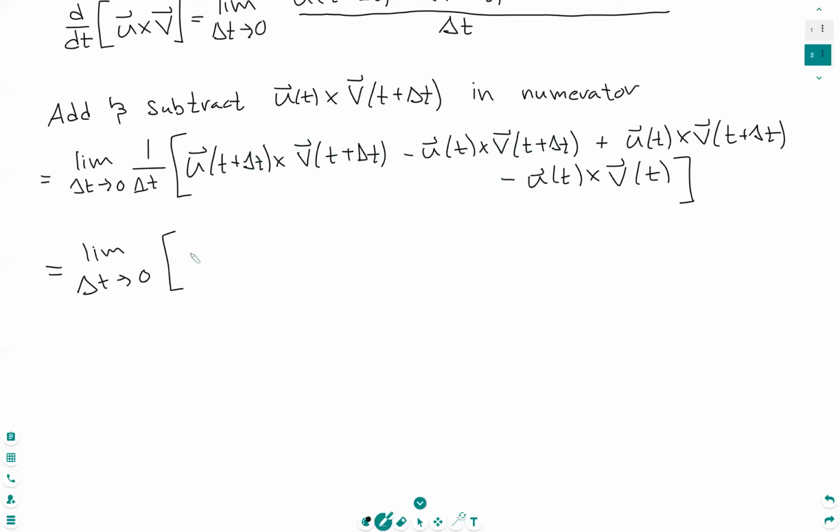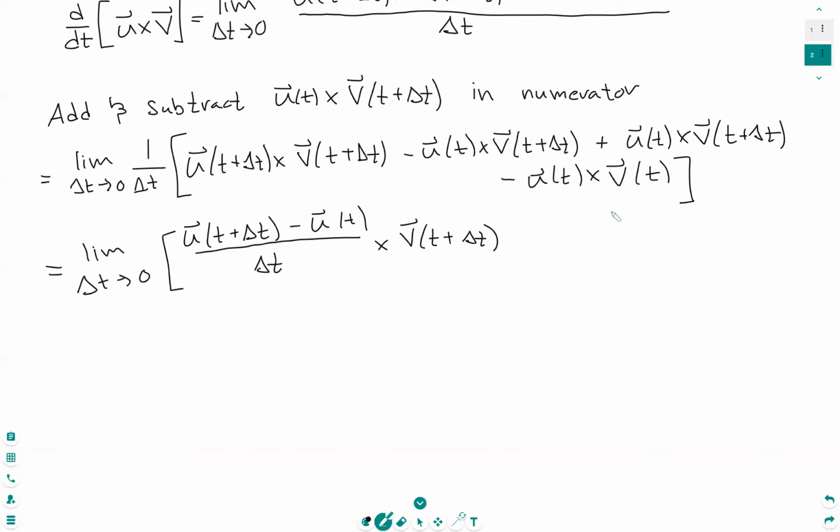So in fact, what I can do is write it as u of t plus delta t minus u of t over delta t, and I'm crossing it with v of t plus delta t. So those are the first two terms, and I use cross product rules to group these together.